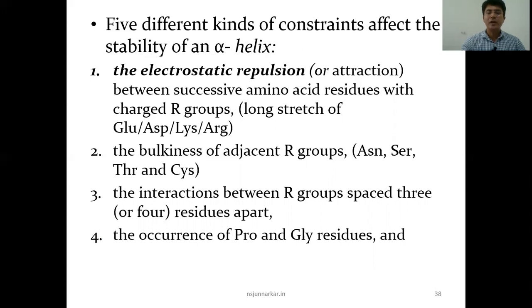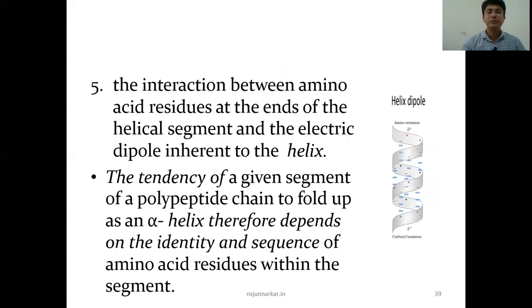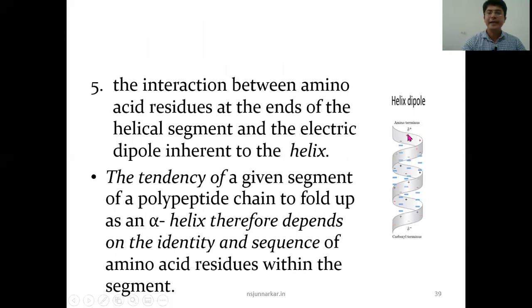The occurrence of proline or glycine residues in the structure can destabilize it. The interaction between the amino acid residues at the ends of the helical segments and the electric dipole inherent to the helix can also cause destabilization of the helix.